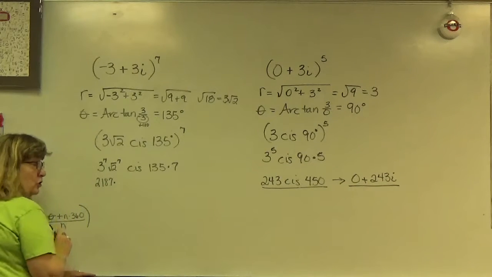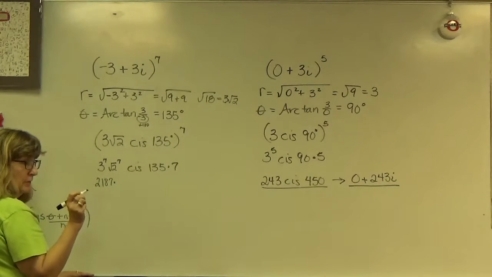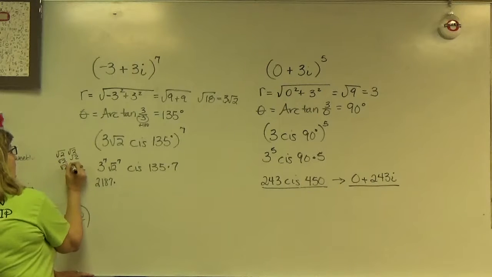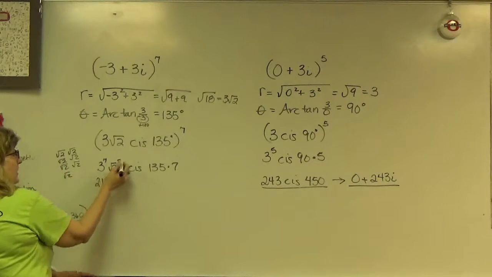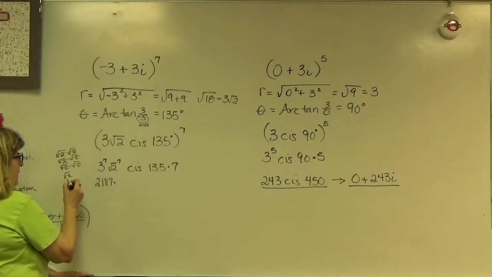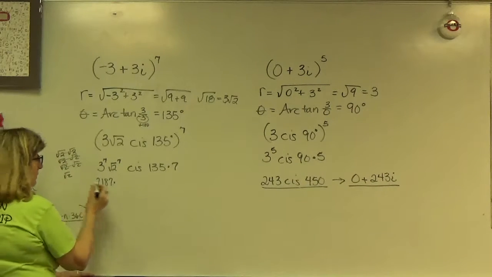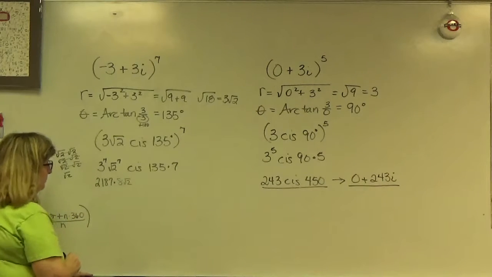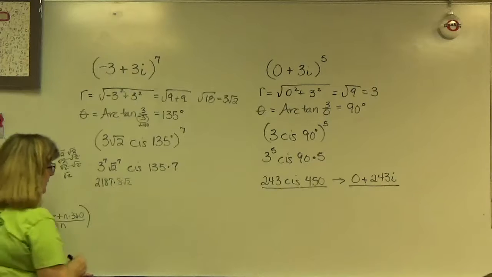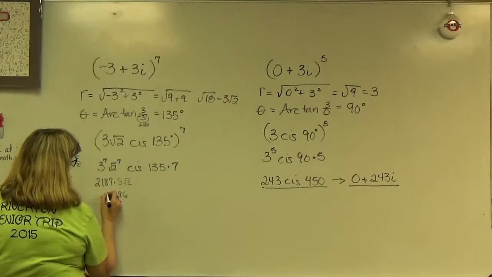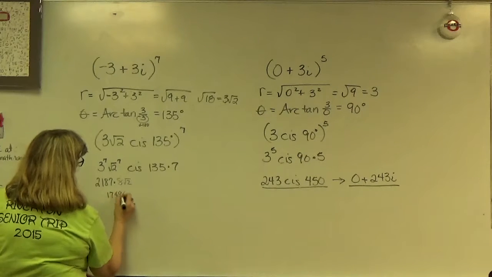Now, the square root of 2 to the 7th, I'm going to do it a little bit differently, because your calculator will come out with a decimal. Doesn't it mean I have 7 radical 2's? So that's 2, 4, 8 radical 2, right? Now, what's 2187 times 8? You guys with your calculator, 2187 times 8. 17,496. Yeah.